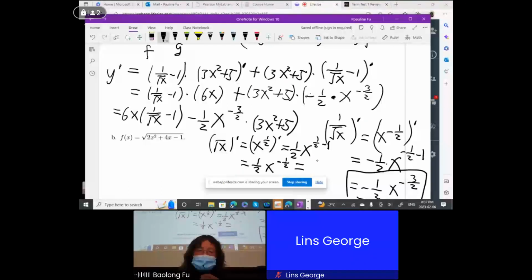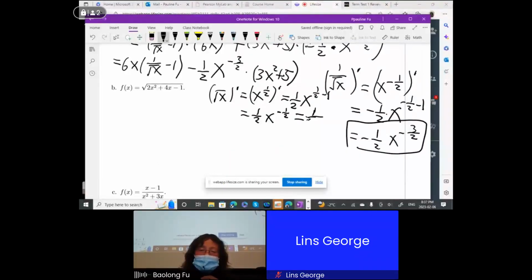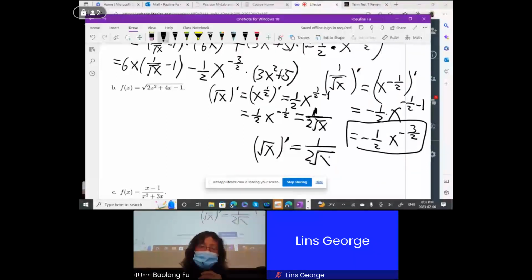Or you can write it as 1 over 2 times square root of x. If you can remember this result, it will speed up your calculation. Which result? The derivative of square root of x equals 1 over 2 times square root of x.